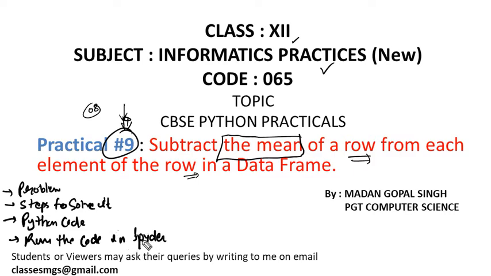If you are using any other editor like Sublime, IDLE or Jupyter, you may use that also and demonstrate it. Okay, so let's get started without any further delay. What we need to do, we need to calculate the mean of each row first, and then subtract the mean from each element of the row of the data frame. Okay, so let's get started.